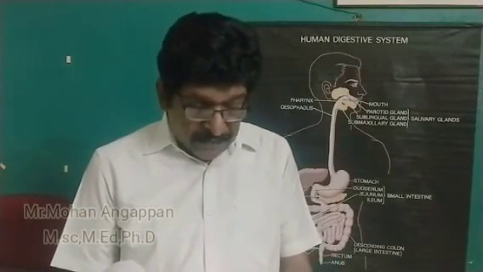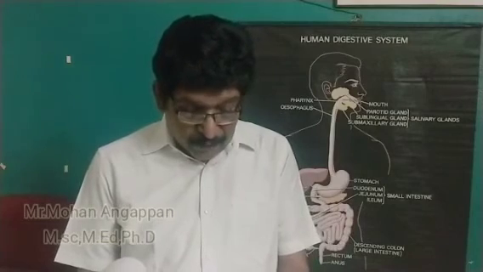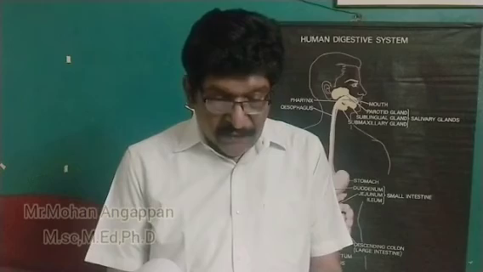In Marasmus, appetite is good. Kwashiorkor, poor appetite. Occurrence, Marasmus more common, Kwashiorkor less common. Liver enlargement you cannot see in Marasmus, whereas the liver enlargement is present in Kwashiorkor. The skin is thin and dry in Marasmus, whereas it is not so in Kwashiorkor.